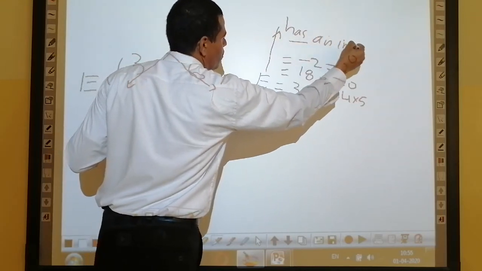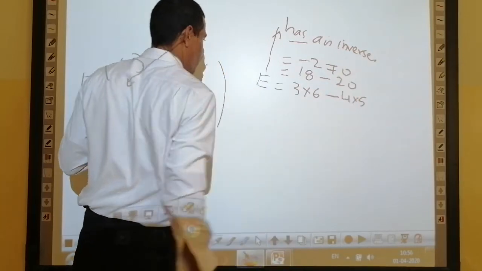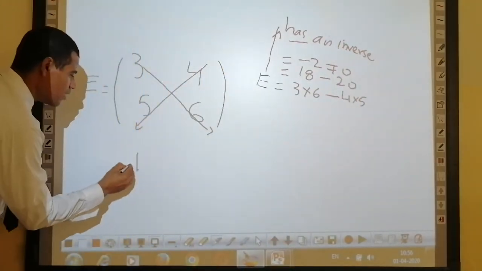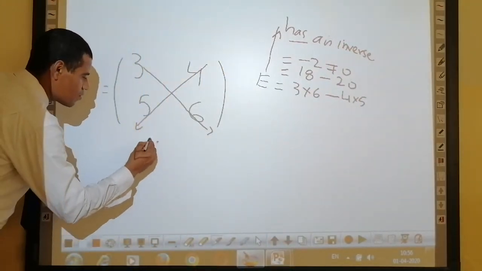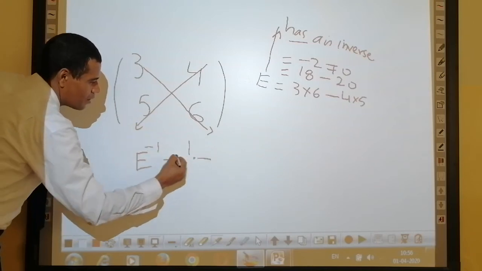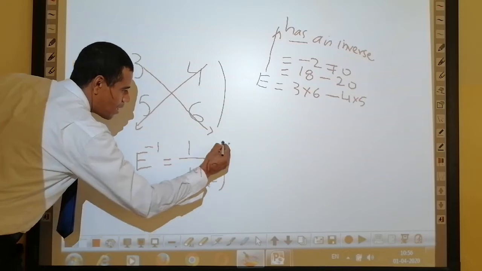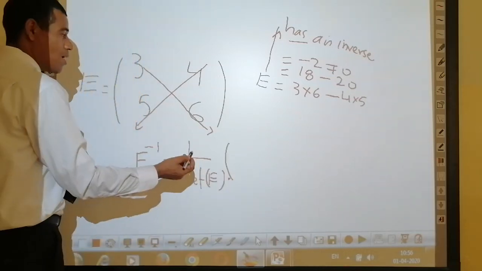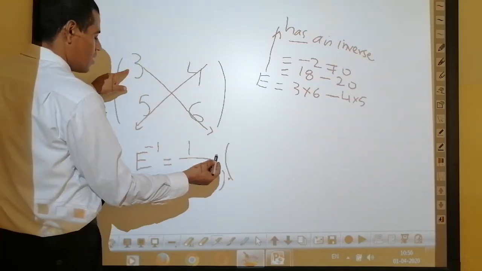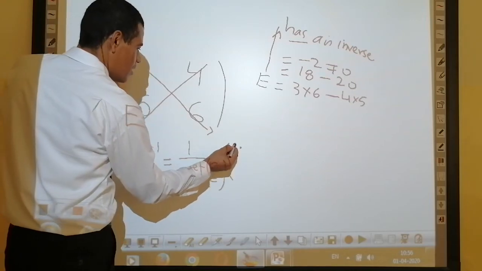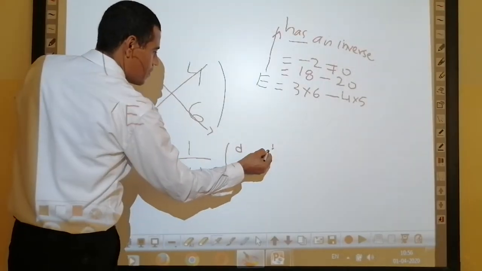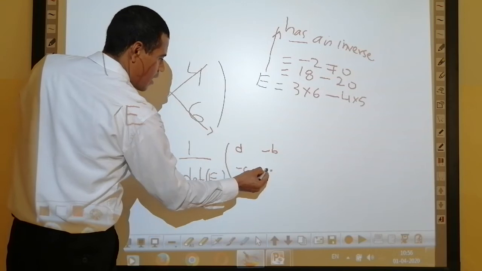As it has an inverse, we will try to work it out. Okay, so E to the minus 1 means the inverse is 1 divided by the determinant of E multiplied by the adjoint. The adjoint in general is D, minus B, minus C, A.